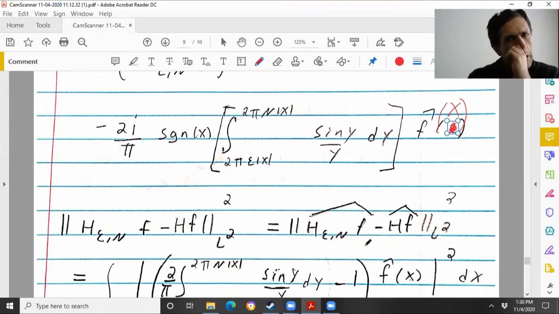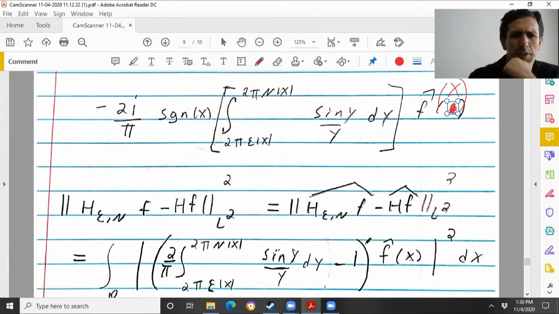Right, so you have really a common sine function. So it's really, instead of 1 here, it's sine, and let me stick a sine here.